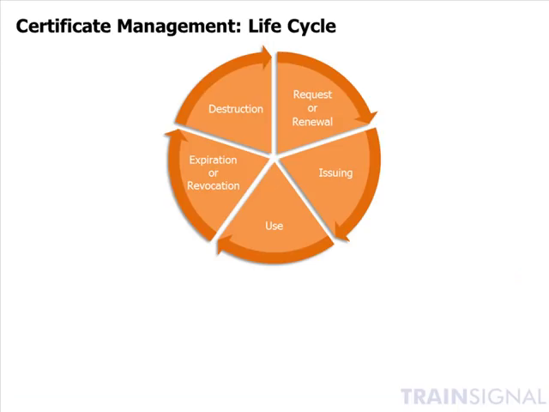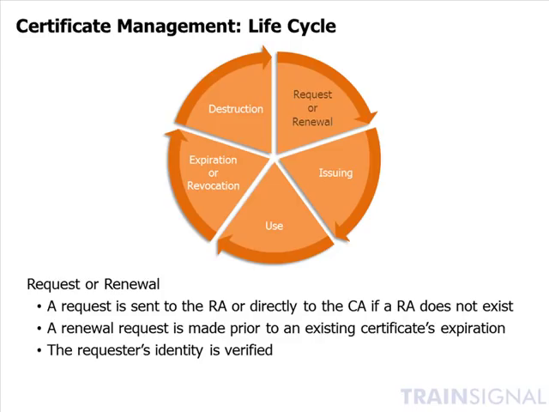Let's look at the certificate and key life cycle. The first step is for a user to request a digital certificate that binds the public-private key pair to that user. A request is sent to the RA or directly to the CA if the RA doesn't exist. Some systems allow keys and certificates to be revalidated before they expire.